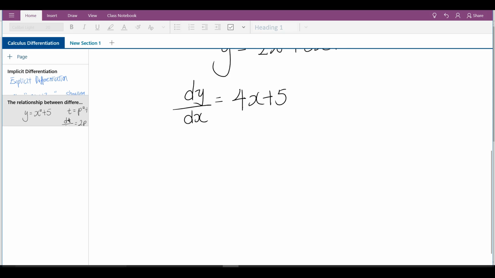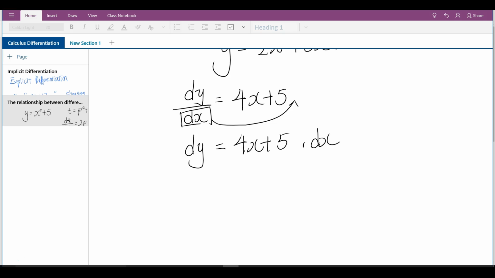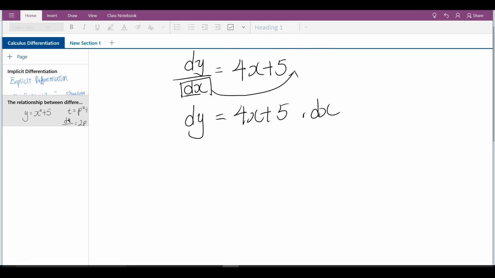And then, if you think about it logically, this is just dy over dx, right? So that means we can actually move things around to make it go back to normal. If we put the dx over to this side, we get this expression. Some people will say, okay, I've never seen that before.